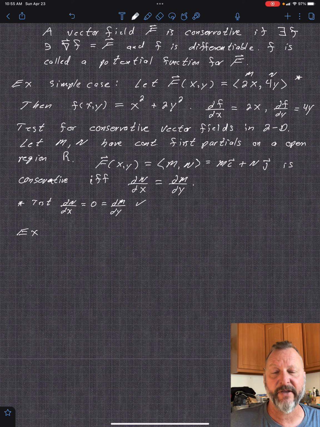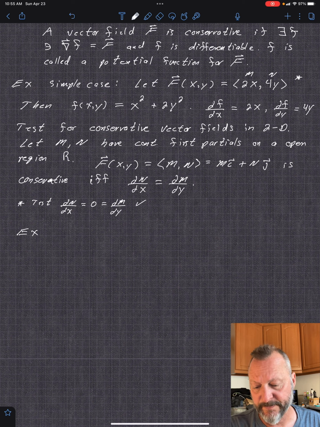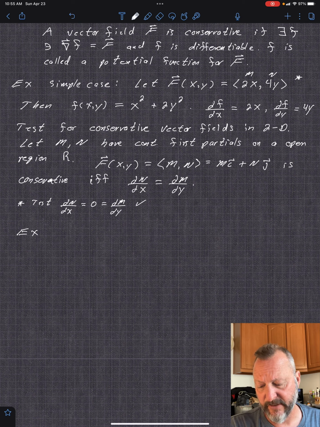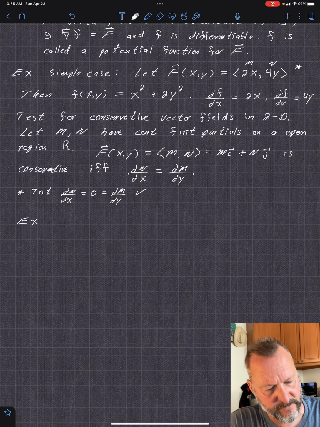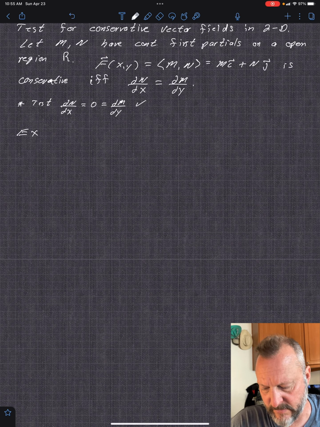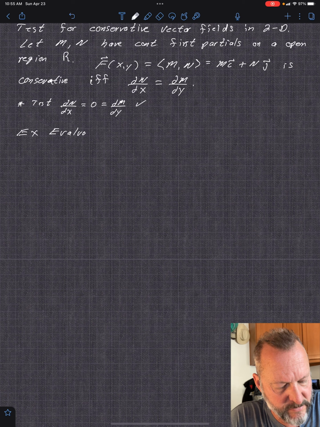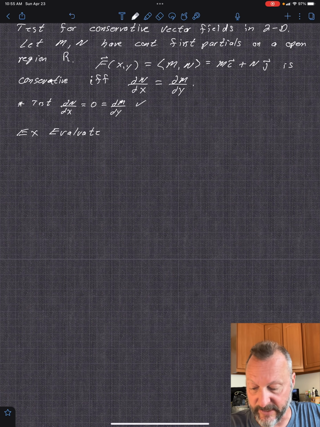I hadn't done enough examples of just line integrals. So let's evaluate this line integral along a given curve and calculate what that is. We will do more on conservative vector fields a little bit later.